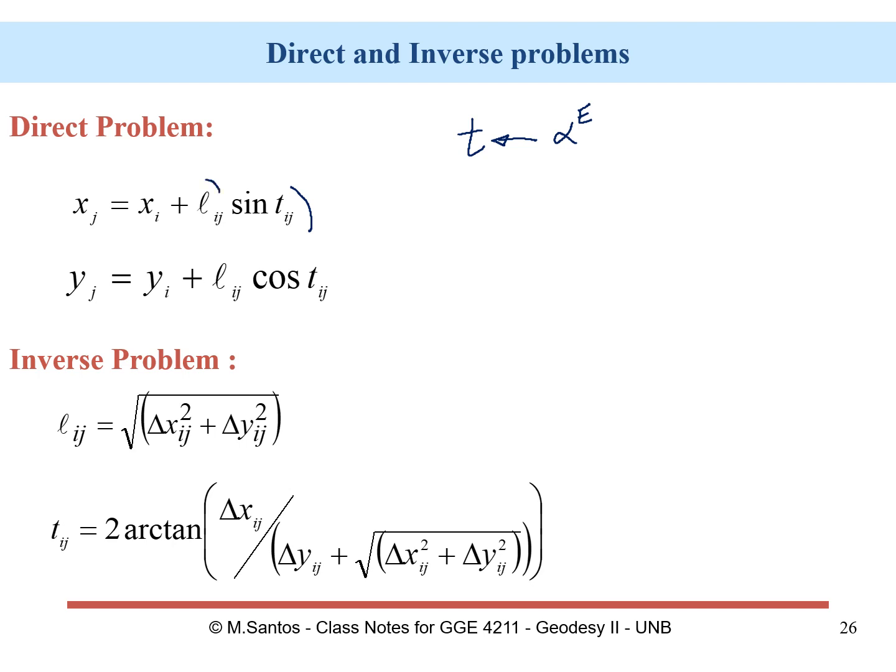The grid distance will come from the ellipsoidal distance, applying the scale factor. So there is some data treatment that is required, but then the computation on the conformal mapping plane is simple. For the inverse problem, if we know the grid coordinates of the 2 points, we can compute the grid distance, and we can also compute the grid azimuth.